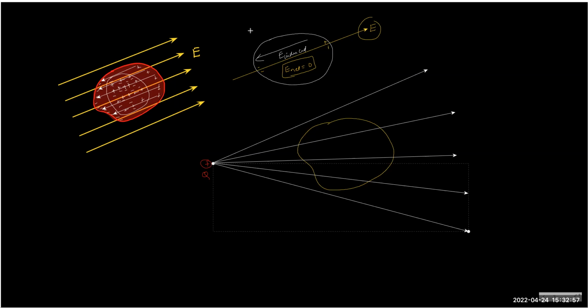So what happens again? Because the field will try to enter the volume of the conductor, the electrons will be attracted by the field, and therefore all the electrons will try to come to this side. So electrons will travel this way, and a flux will be created this way. As a result of the charge motion, or what we call polarization, a field will also develop in the reverse direction, and this will be called E induced.